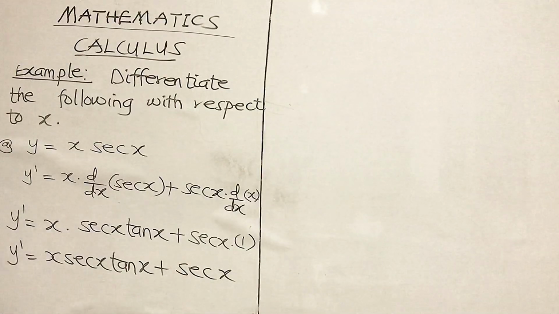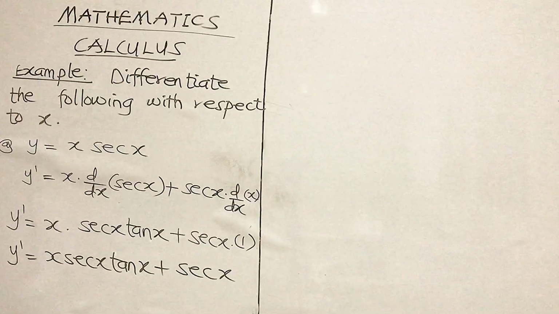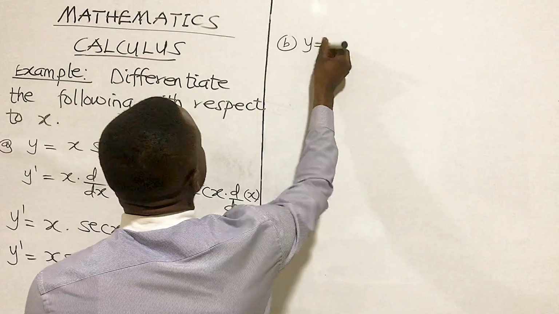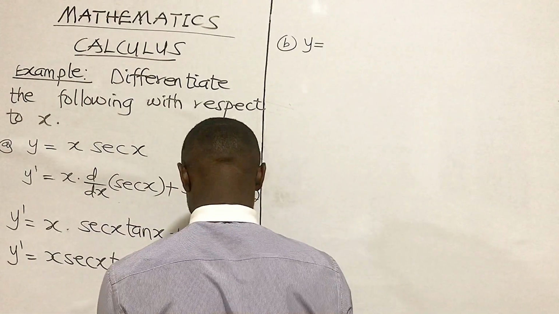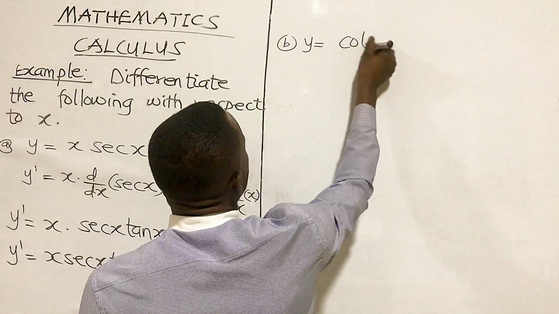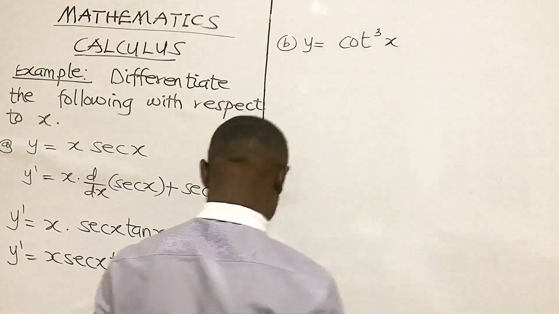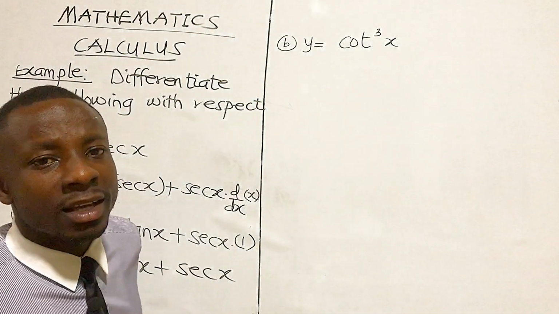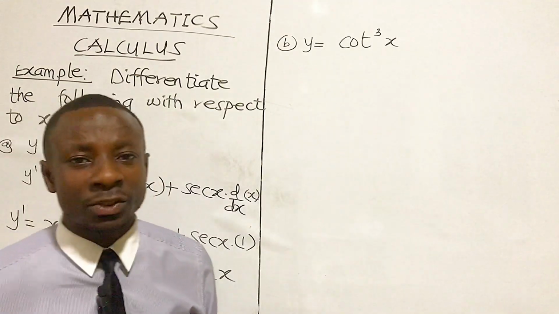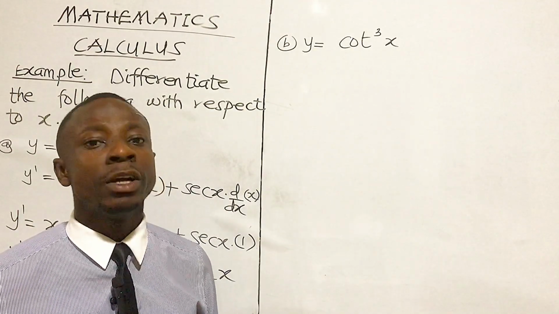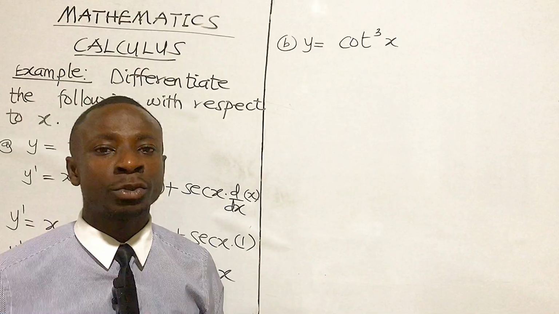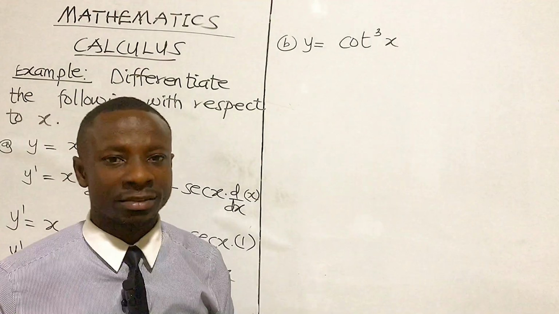B. y is equal to cot cubed x. Anytime a particular trigonometric function or ratio is carrying an exponent, then you have to make a substitution.